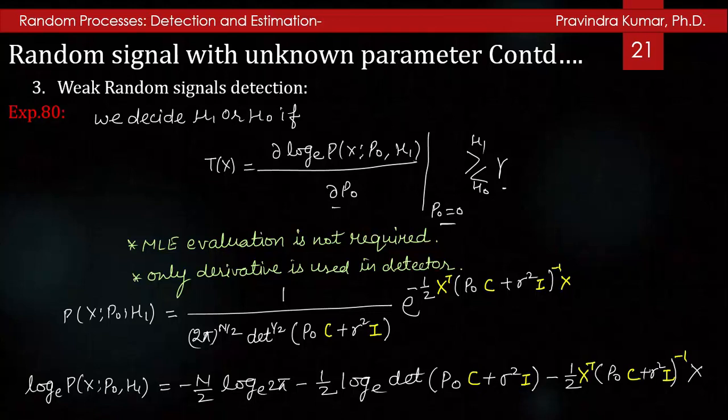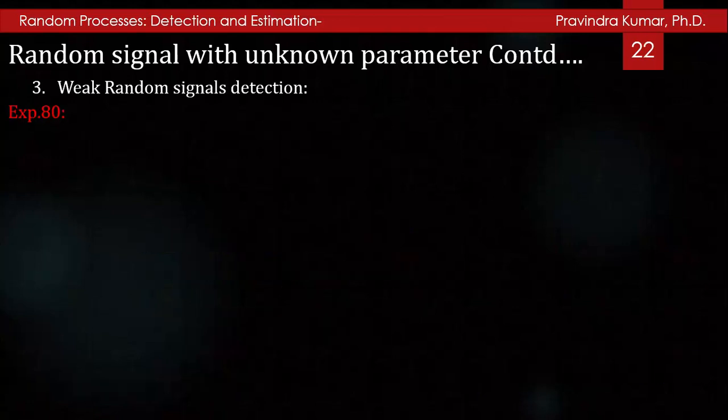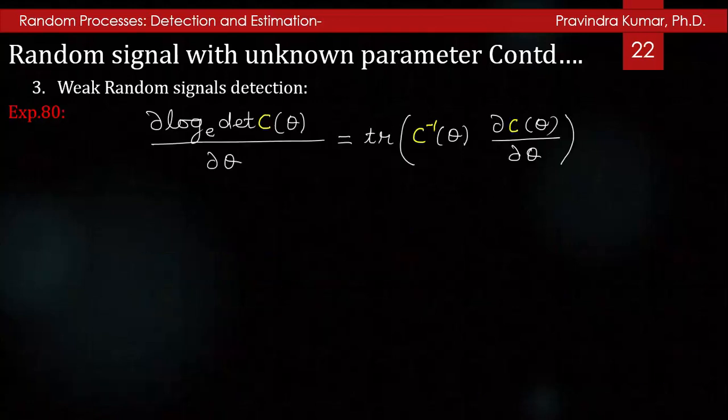To evaluate the derivative, we use the formula: del log e determinant C(theta) by del theta is equal to the trace of the square matrix C inverse(theta) del C(theta) by del theta.